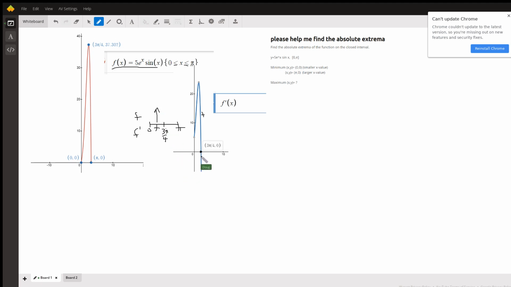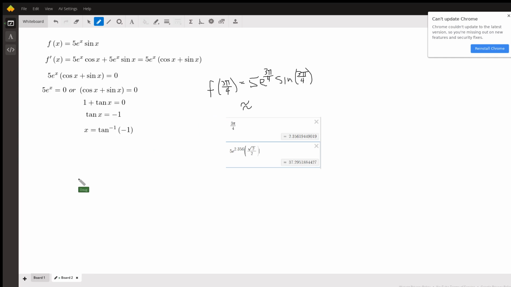To the right of 3 pi over 4, the first derivative is negative, below the x-axis, decreasing. That tells us at this number right here, there is a relative maximum. The question is, is it an absolute maximum on the interval? And how can we find this 3 pi over 4 without doing a graph?